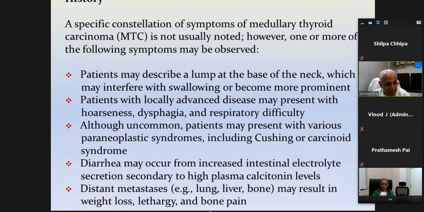When I was seeing, my registrar told me there's a nodule in the thyroid. I said the diagnosis is made. This is MTC with prolonged diarrhea. So patients with diarrhea going on for a long time, neuroendocrine tumors are one of the important things we all should keep in mind.